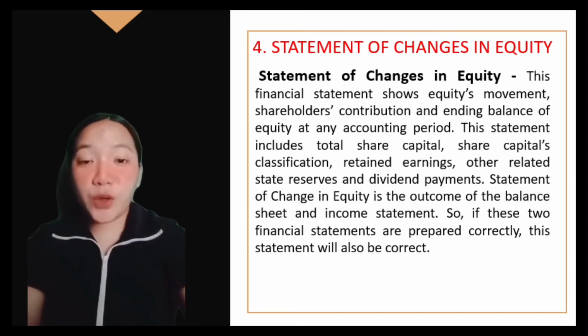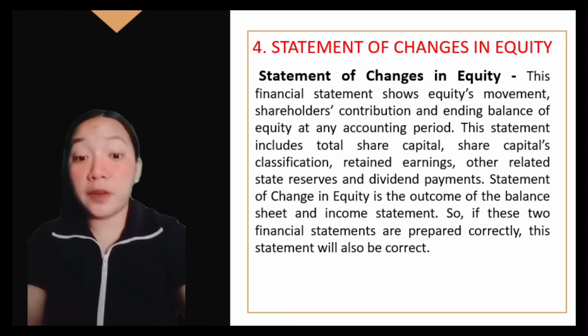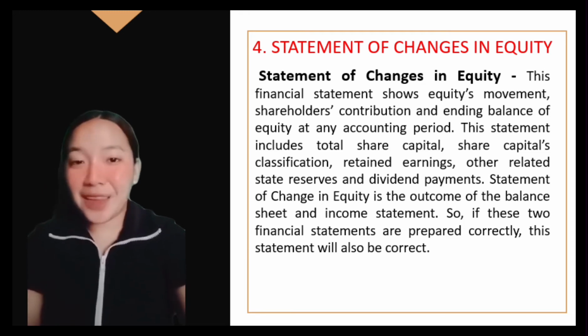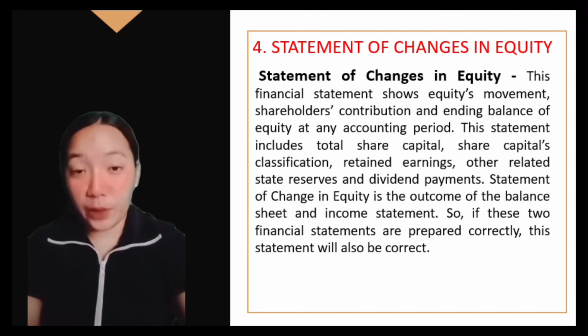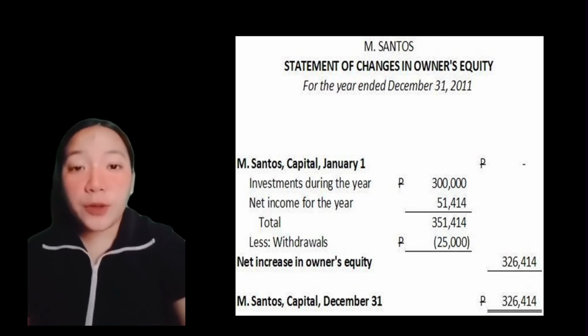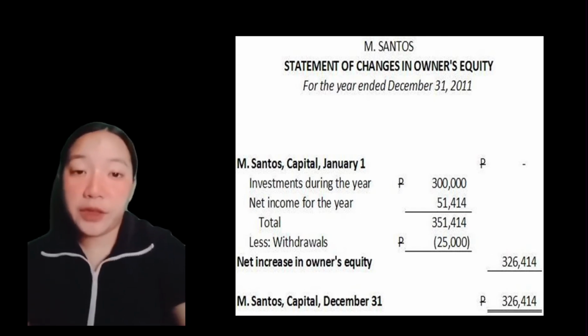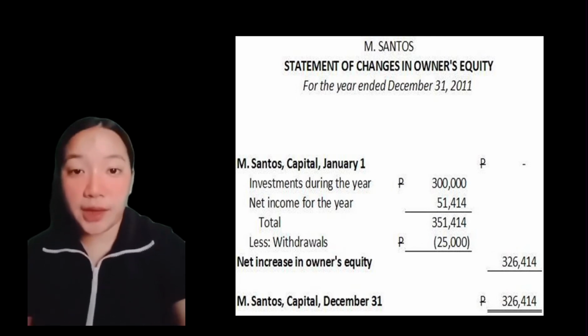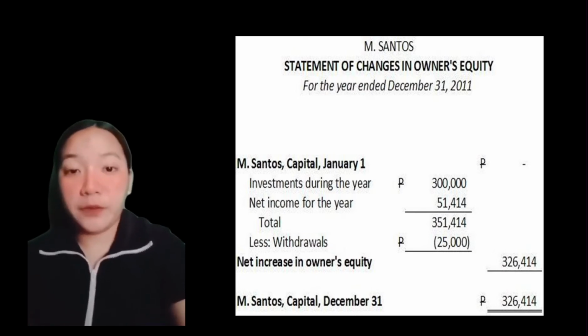So, if these two financial statements ay na-prepare natin ng tama, ibig sabihin yung statement natin will be also correct. Example, makikita nyo on January 1, Santos Capital, yung ini-invest niya during the year is 300,000 plus the net income for the year, which is 51,414.